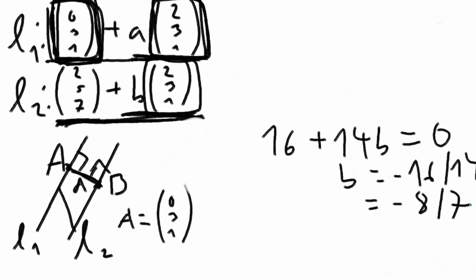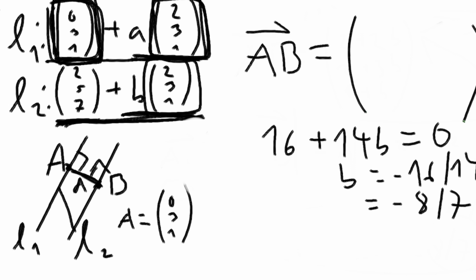And now we can return to the initial vector, the vector AB. So the vector AB denoted the distance between the two lines. And this brings us back to the beginning of the calculation, to the whole goal of this process. So we want to get the distance between the lines. A was a fixed point on L1, where B was on L2.